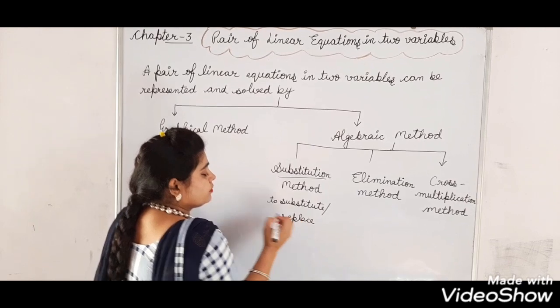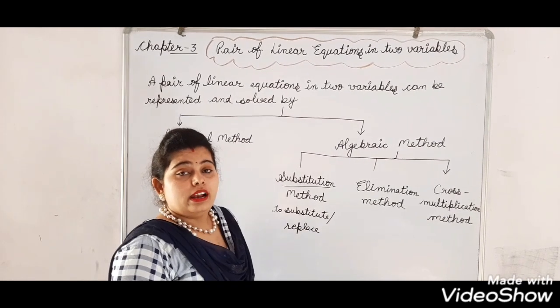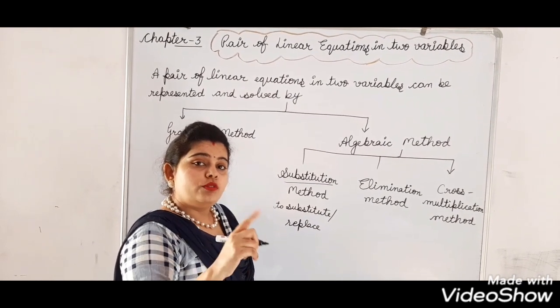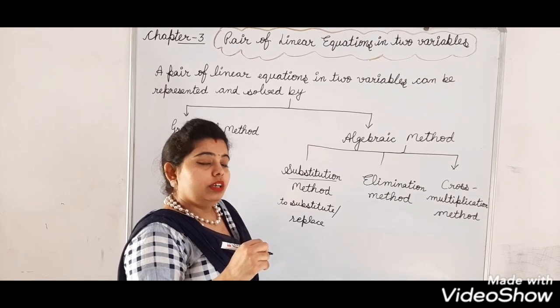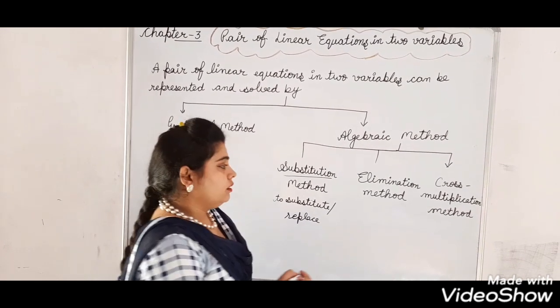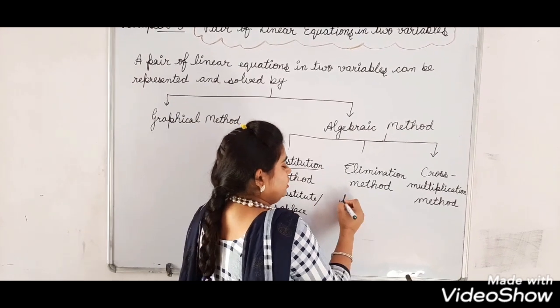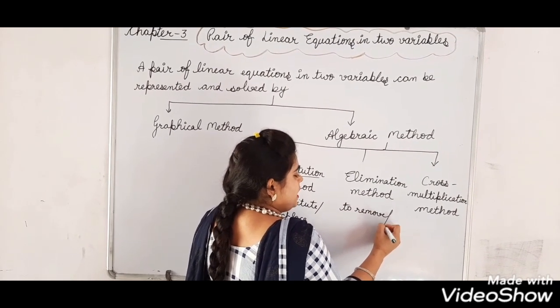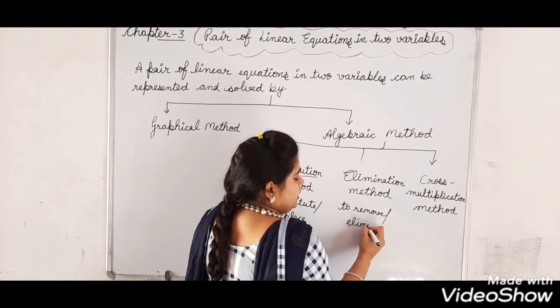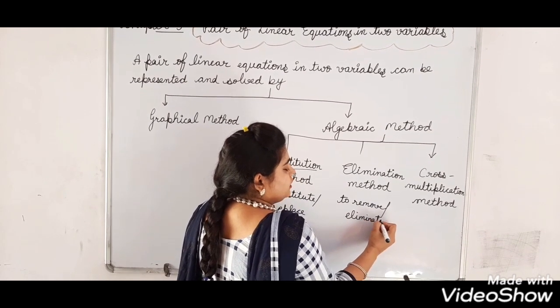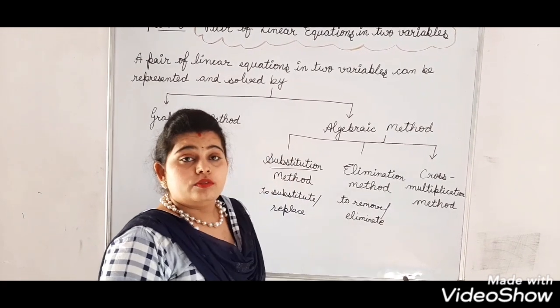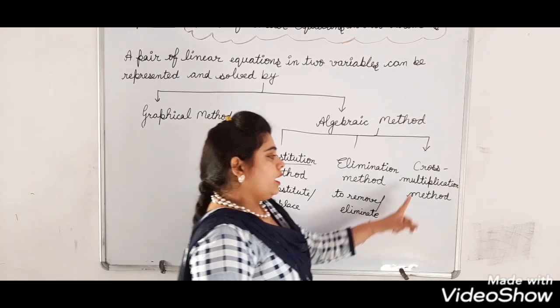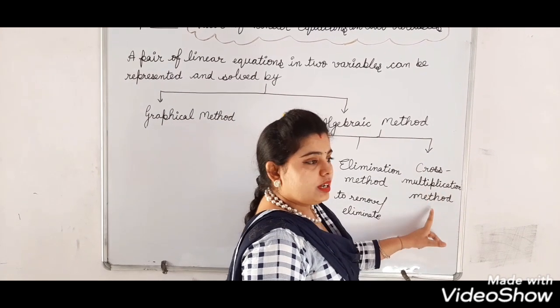In this, we find the value of one variable in the form of other variable, then we replace the variable. In elimination method, elimination means to remove. In this, we eliminate one variable, then we find value of other variable. And third method is cross multiplication method.